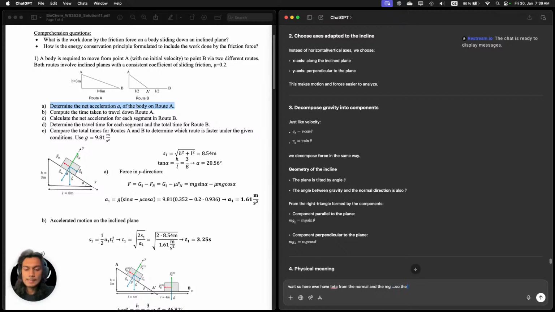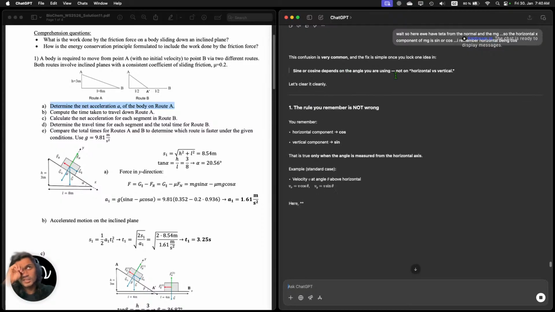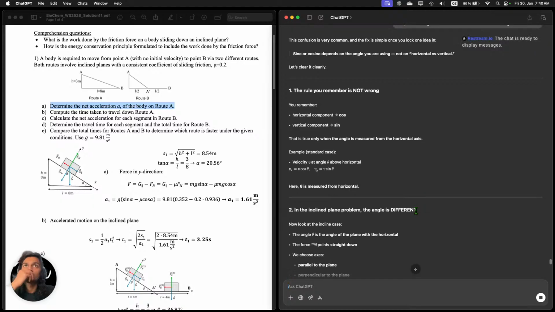So the vertical, the horizontal: sine or cosine depends on the angle you're using. Theta is measured from horizontal.